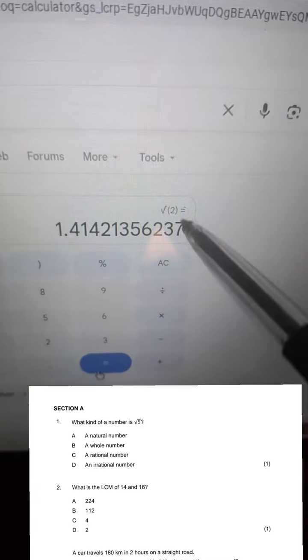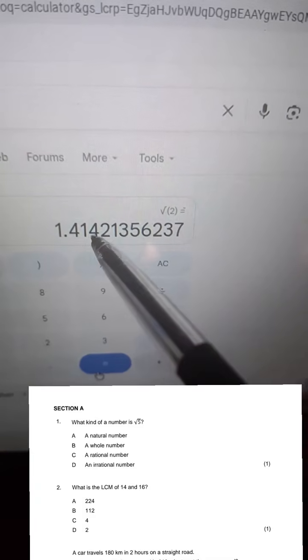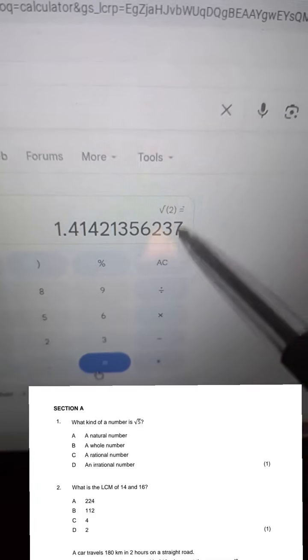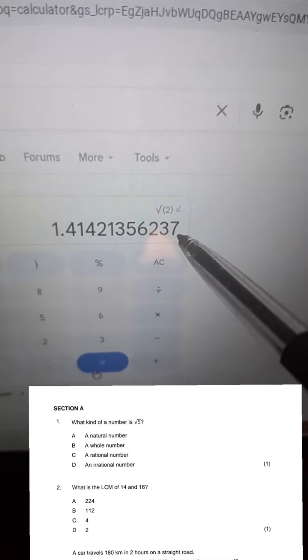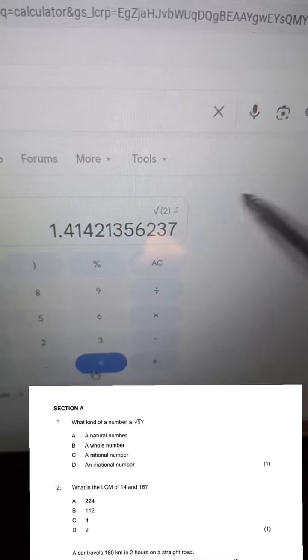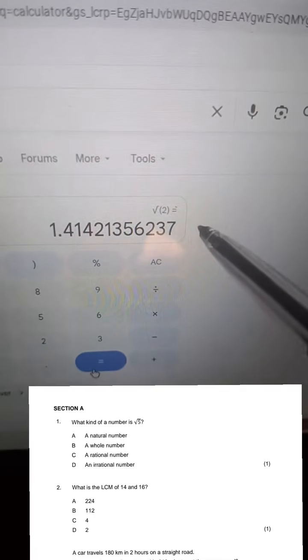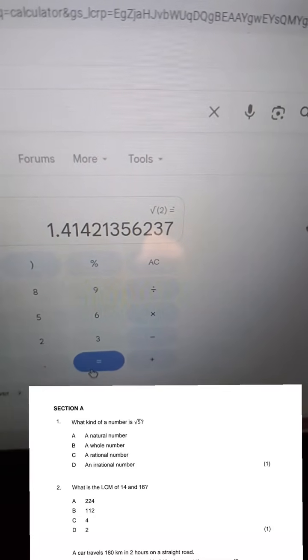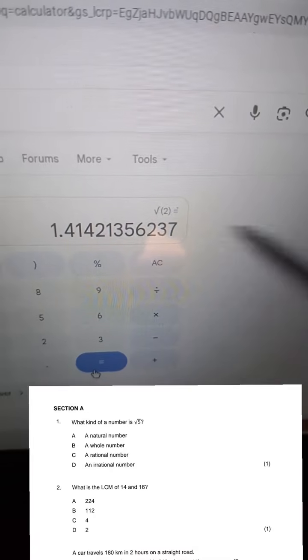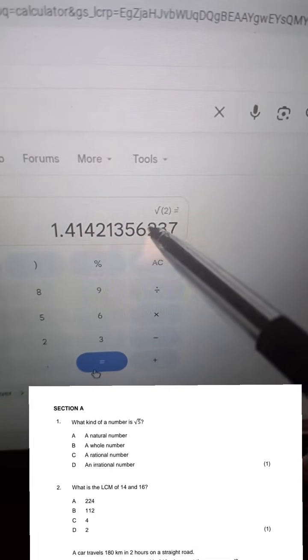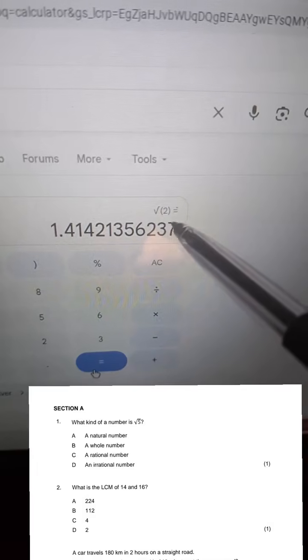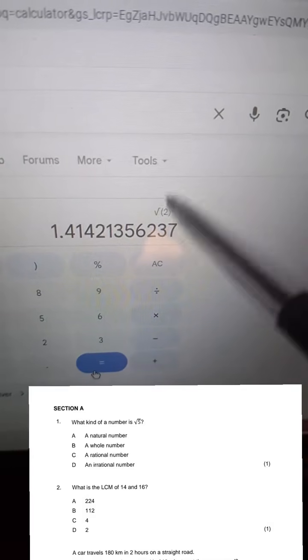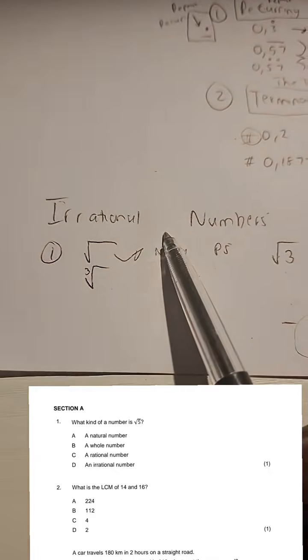It's just that our calculator only has this number of decimals, so it ends at this decimal place. Trust me, if the calculator was a bit more open, you would see other numbers that are not repeating, that are continuing. That's why we say that an irrational number is non-recurring and non-terminating.